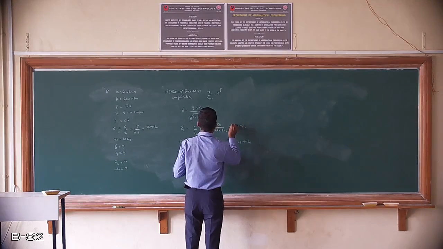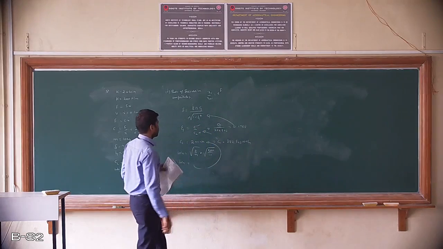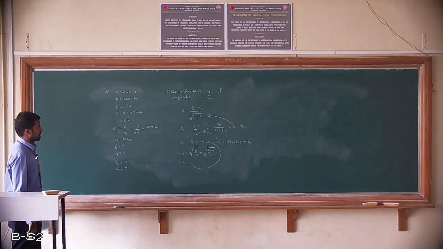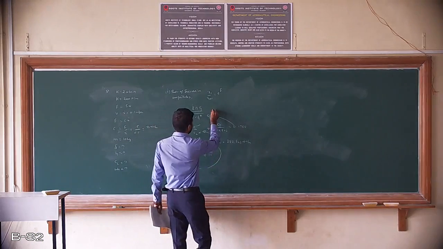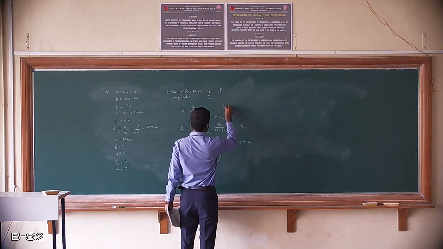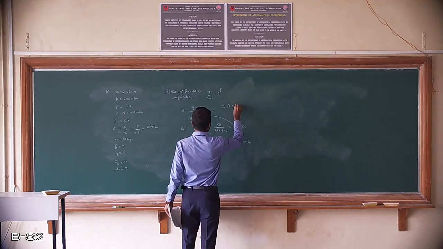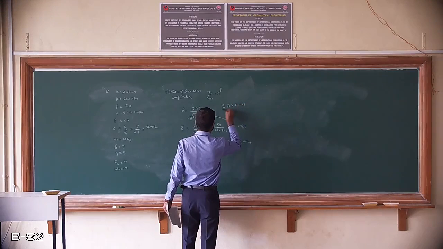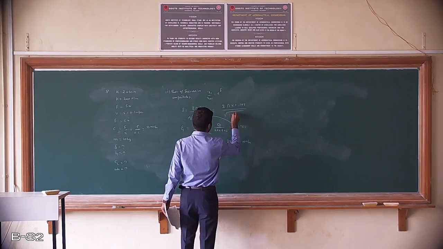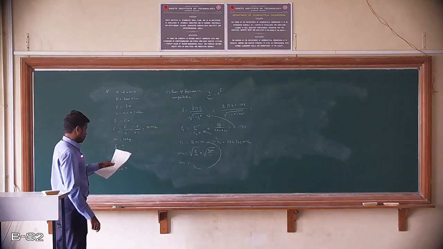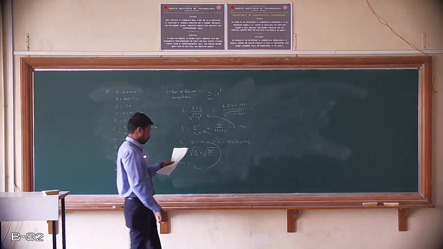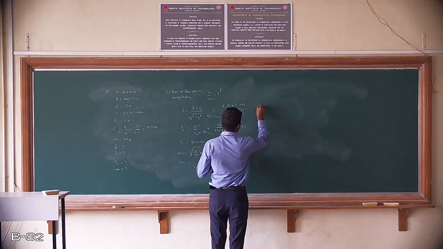Once you find the value of zeta, you can substitute it into the equation of delta, that is delta is equal to 2 pi zeta divided by under root of 1 minus zeta square. So 2 pi into 0.1768 divided by under root of 1 minus 0.1768 whole square. So the value of delta is 1.1286.